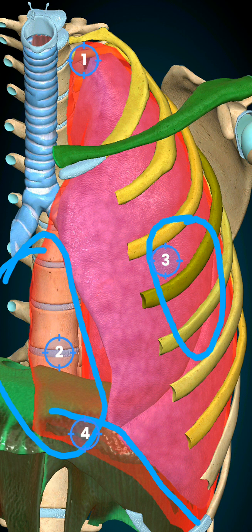Then we have the cervical pleura, number 1. The cervical pleura is the dome of the parietal pleura, and it extends into the root of the neck. As you can see, it is extending above into the root of the neck, about 2.5 centimeters above the medial end of the clavicle.